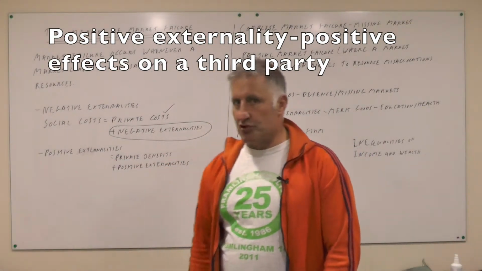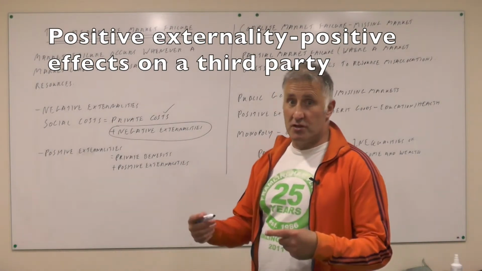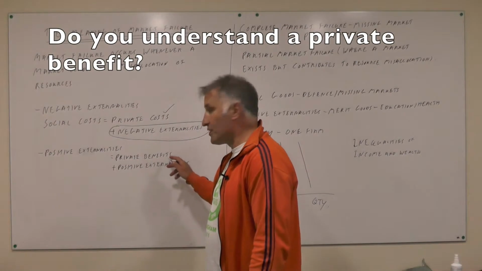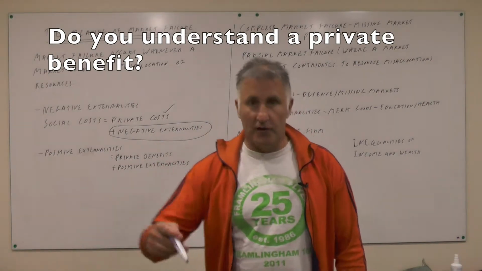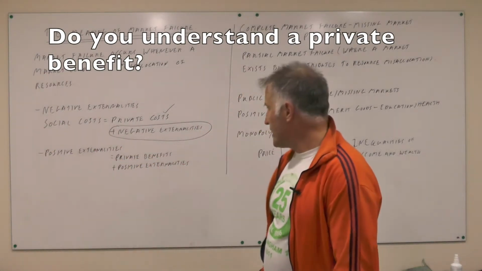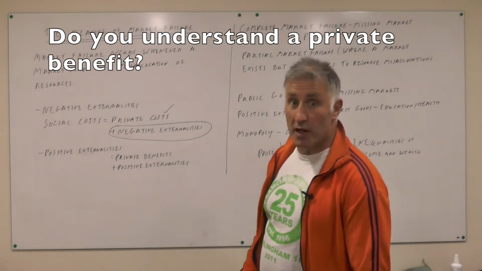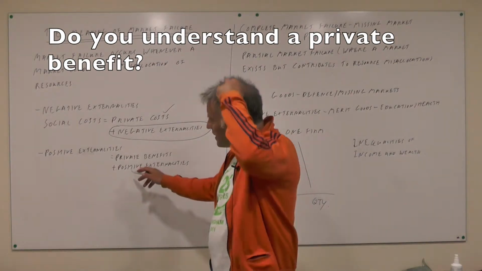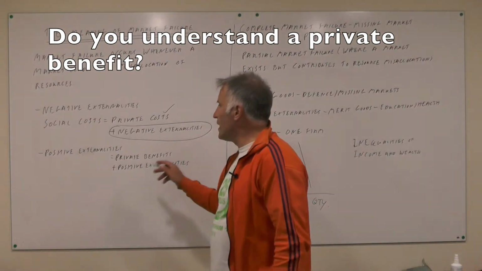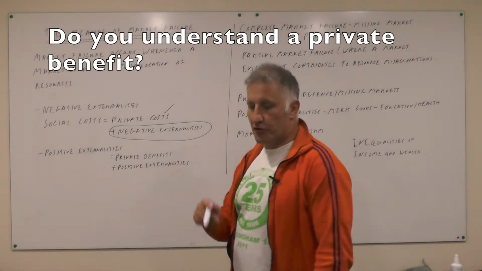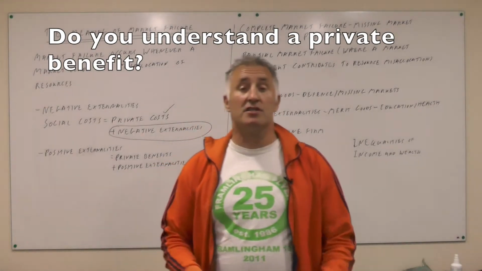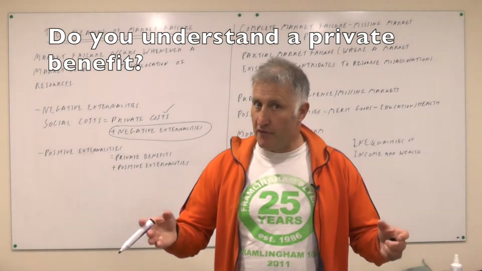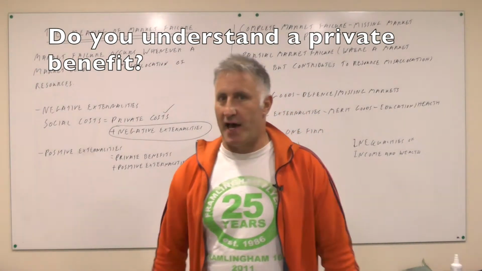If you go to university and get a better education, there is a private benefit to you personally: hopefully you'll be able to get a better job which pays more money, assuming of course that money makes you happier, which it may not do. The positive externality is the benefit to a third party. If you become more educated, you're going to add more to the economy, pushing out the AS curve, so everybody gains from that.